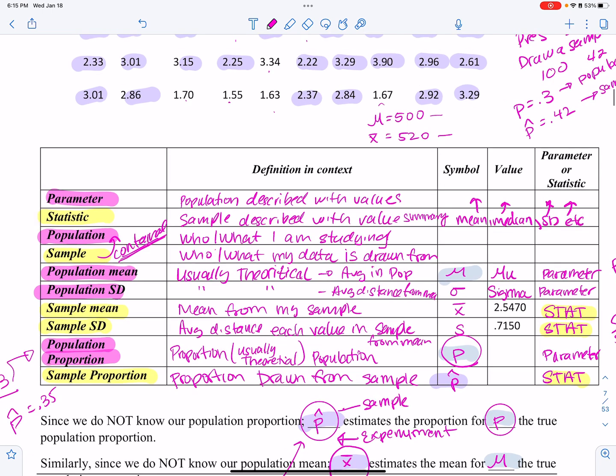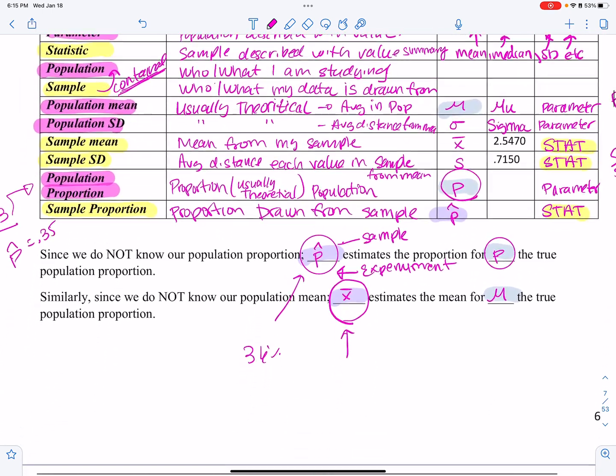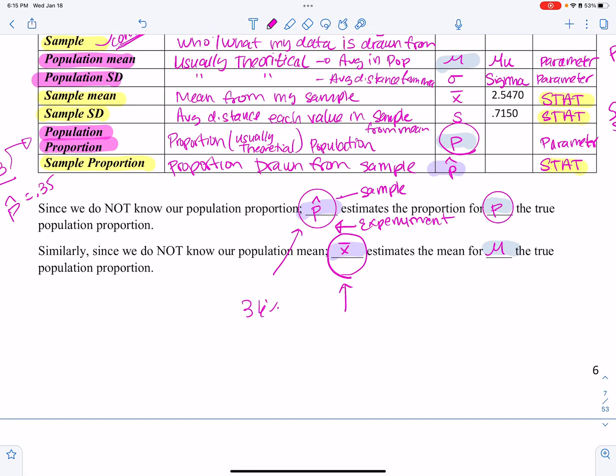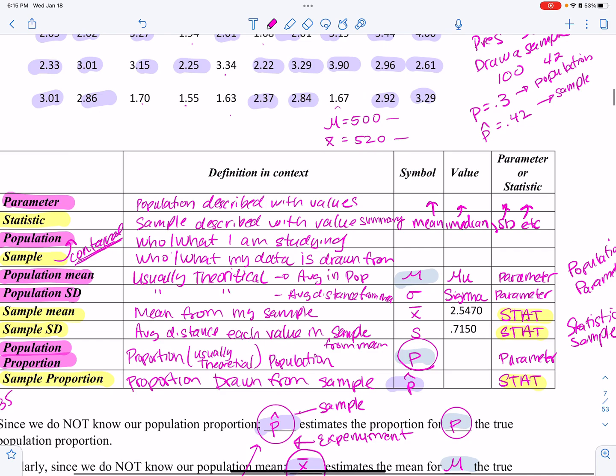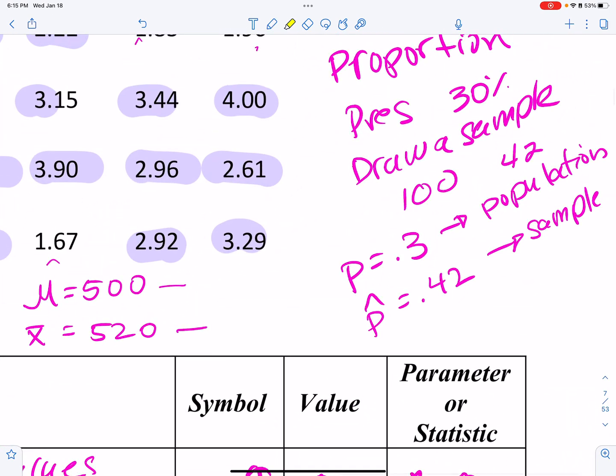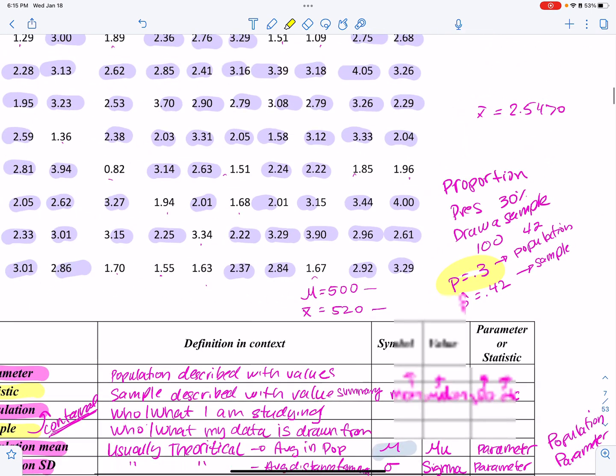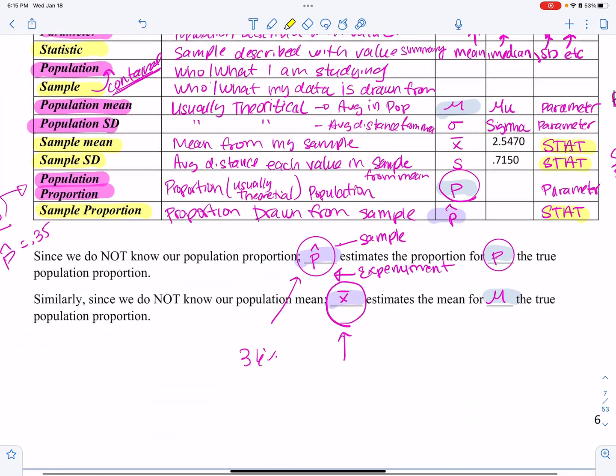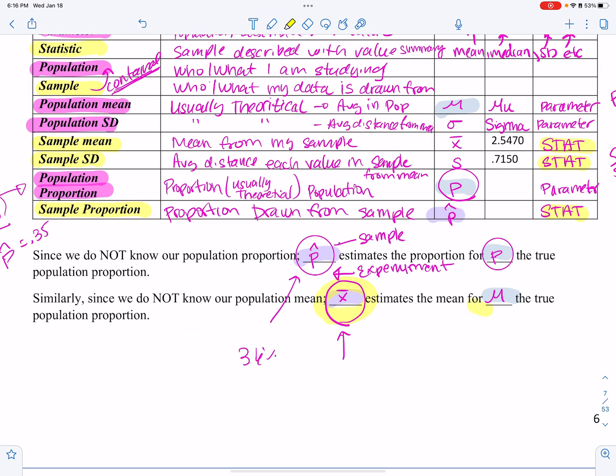All right, but since we don't know our population proportion, you can write P hat from the sample estimates my proportion P from the population, because we really don't know this number here. We're just guessing. So that's why I'm using something to estimate it. Same thing with means, as we use X bar to estimate mu.